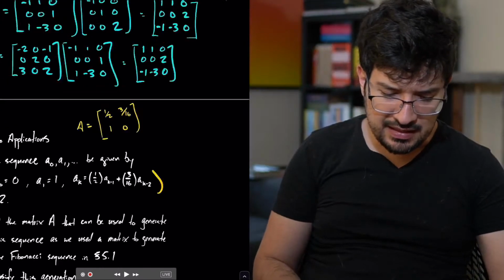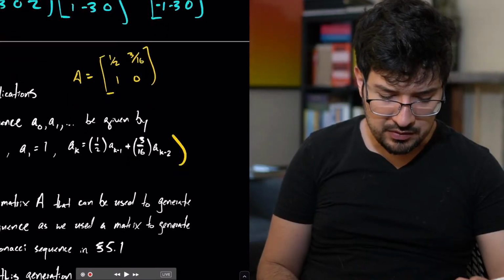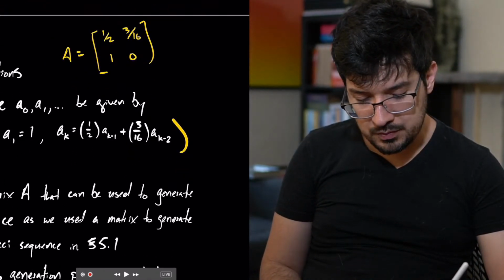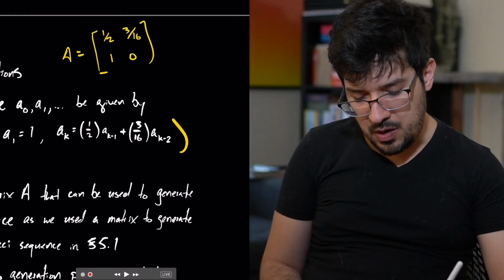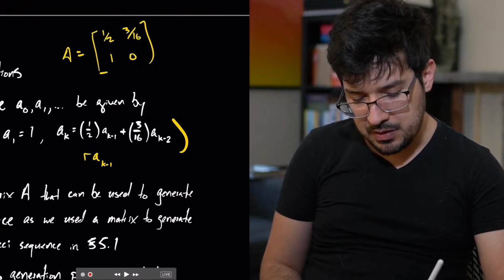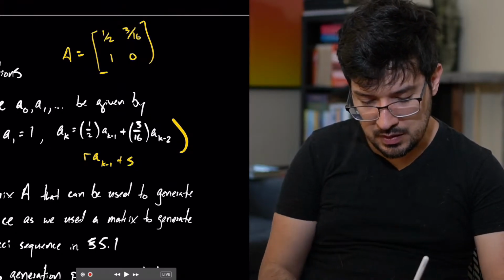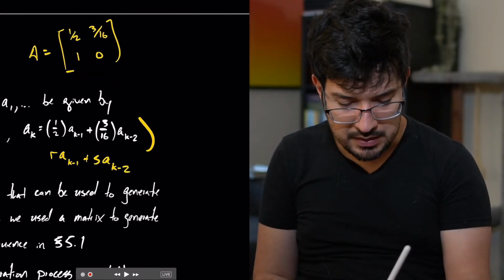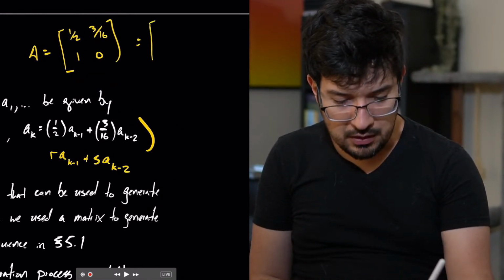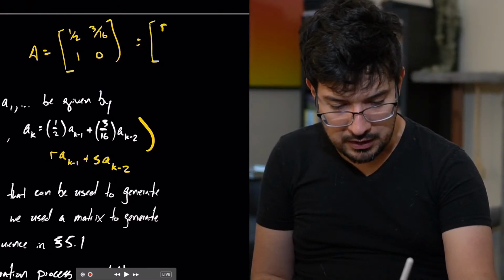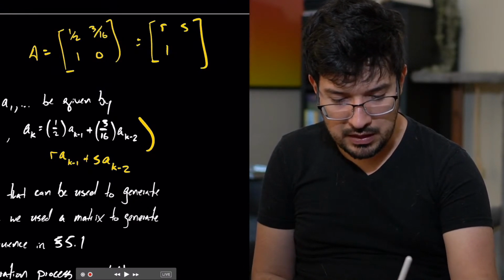So I think that the form of these matrices, if we have, let's do R and S. If it's R a k minus 1 plus S times a k minus 2, I think that these matrices always are of the form R S, 1 0.